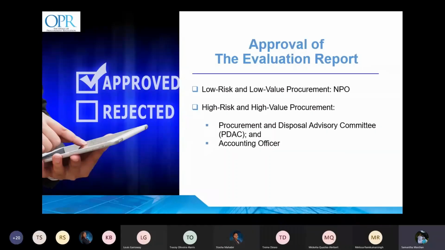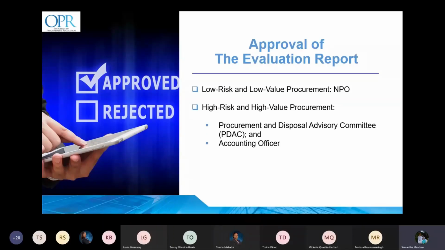Where there is agreement by everyone on the results of the evaluation, the committee or PDAC, where applicable, shall give the accounting officer a written recommendation accompanied by the procurement proceedings file. Following receipt, the accounting officer will review and approve the award decision.